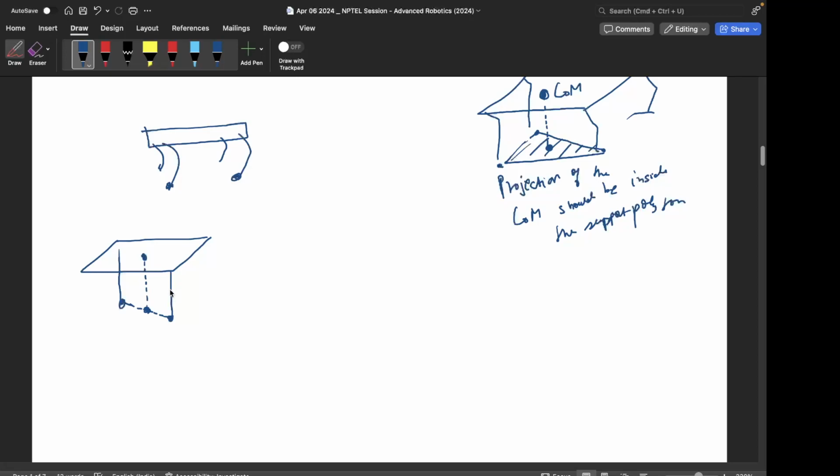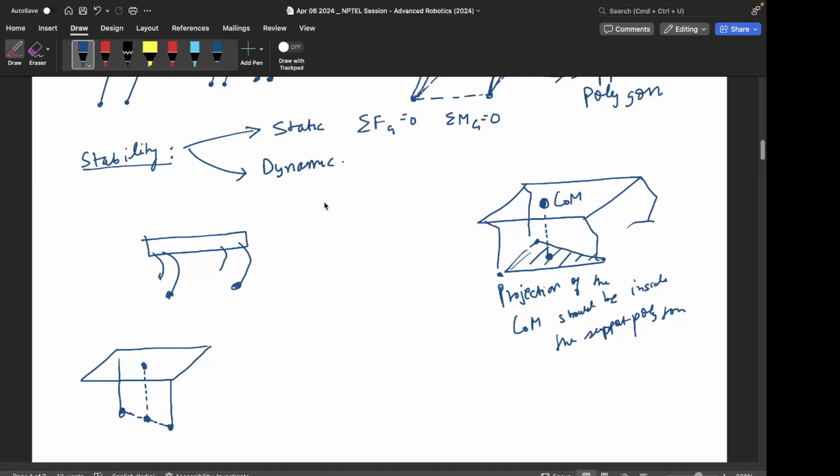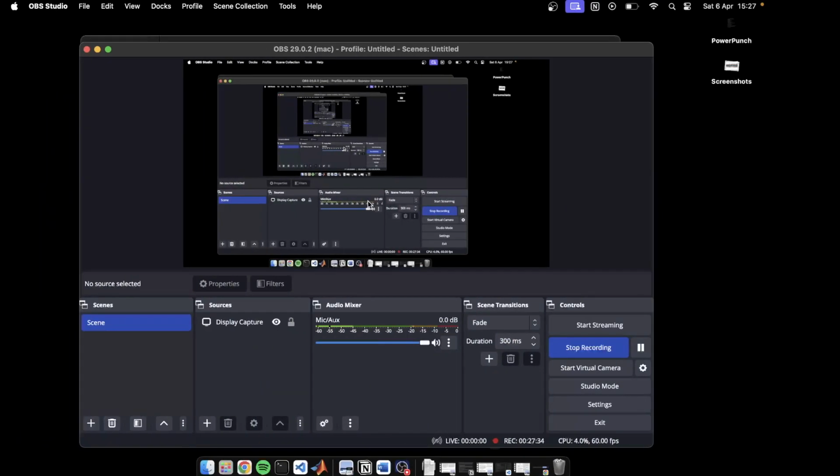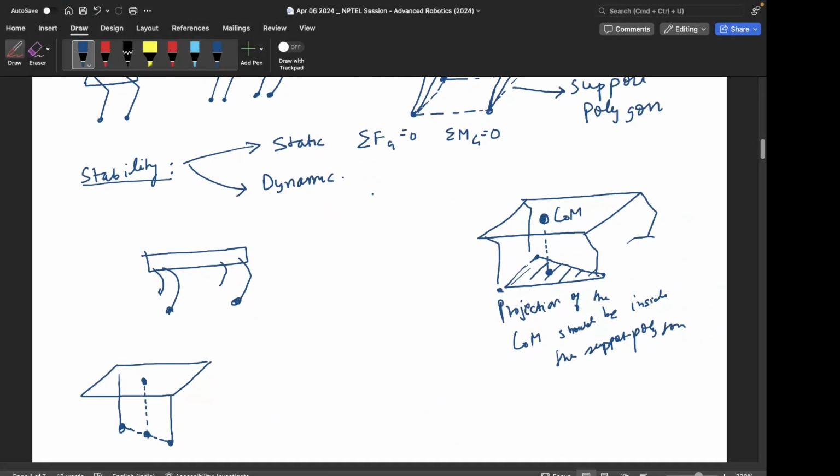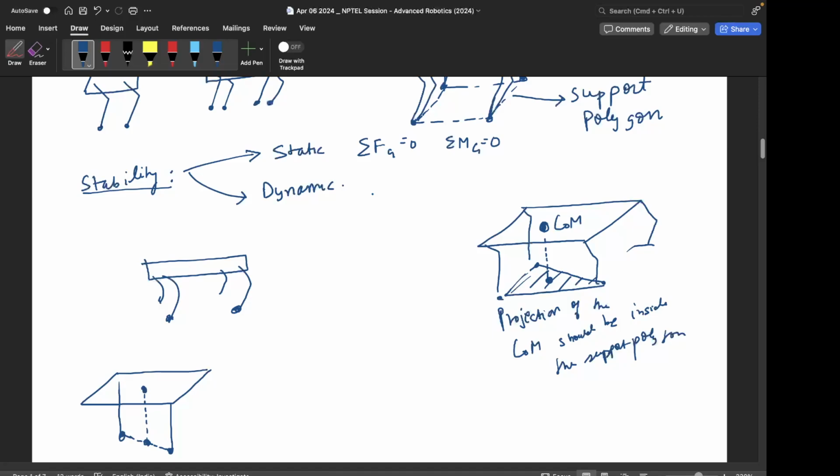Static stable position. So the takeaway point is that in static stability, we can keep the system at rest and the system will stay in that configuration. And in dynamic stability, in order to stay upright, we have to keep moving. Okay, so that is dynamic stability.